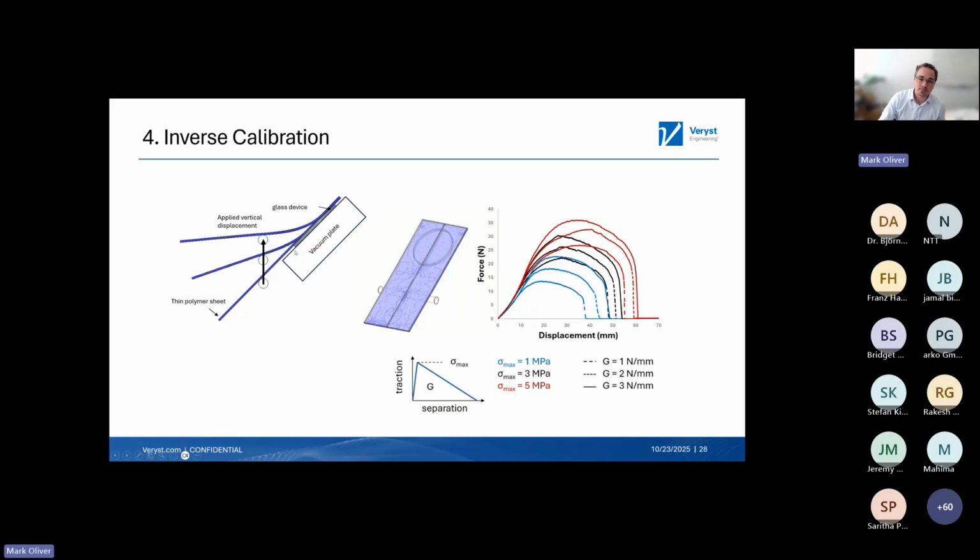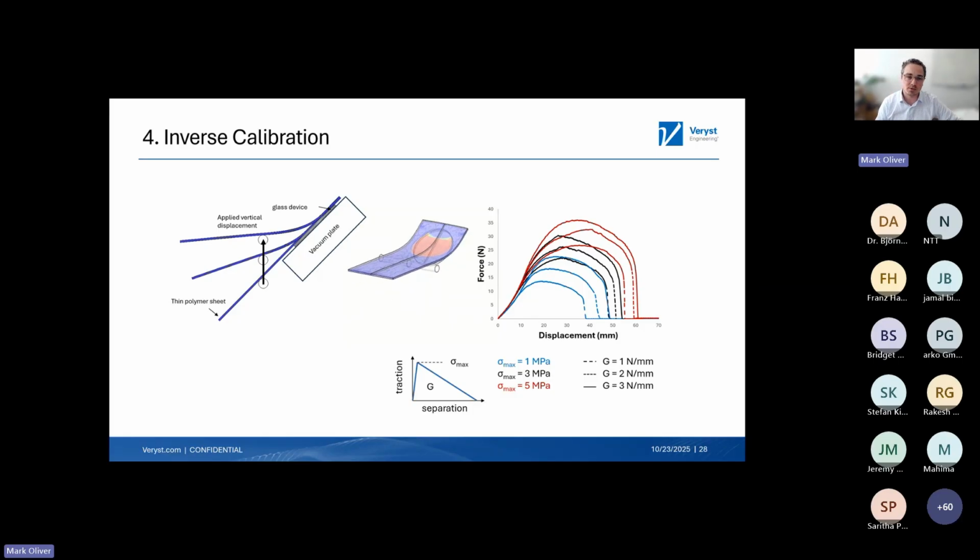And we needed to calibrate a cohesive zone model for the debonding of this sheet from the glass substrate. The best way to get samples was to have these glass discs bonded to the plastic sheet, and so it was difficult to make a standard test specimen.